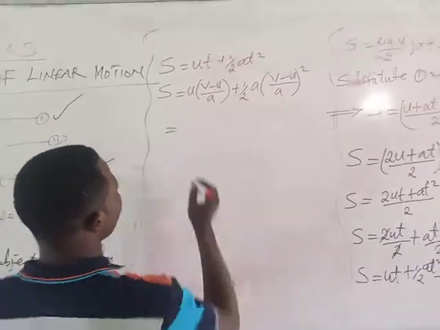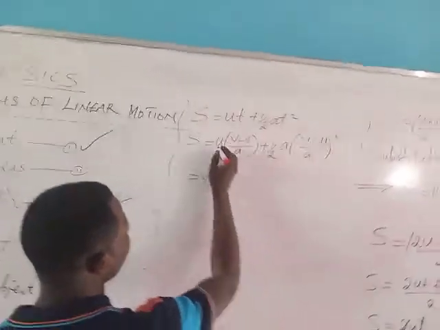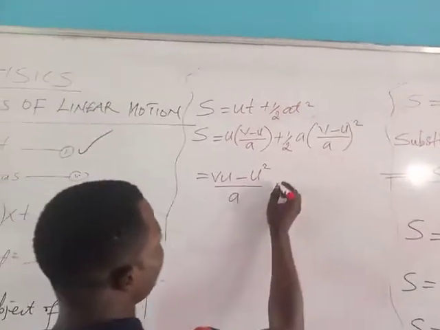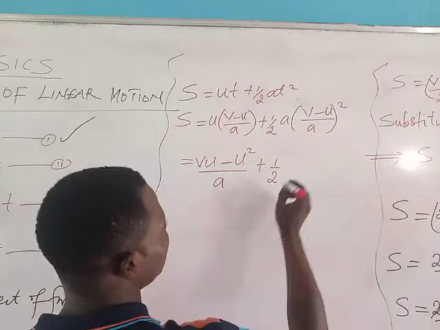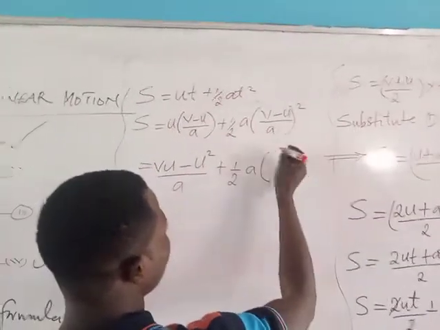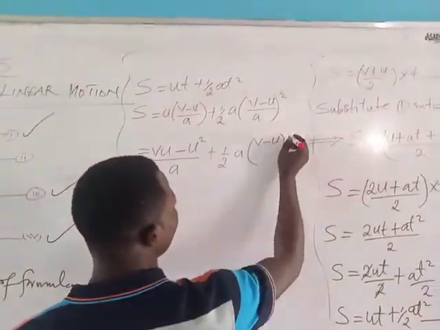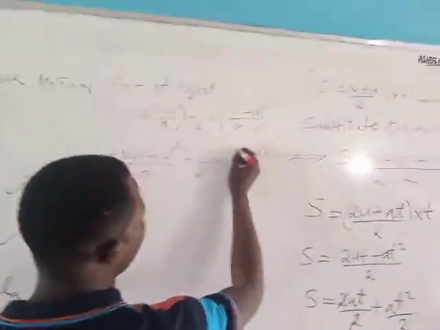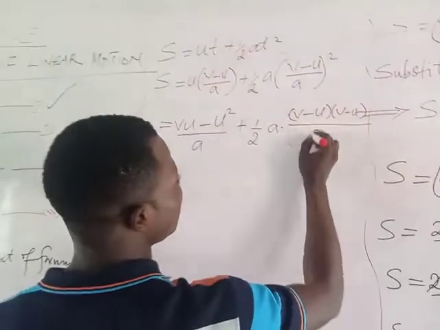So this time this will give me vu minus u squared all over a, plus 1 over 2 times a into, by the time we expand this twice, this means v minus u into v minus u all over a squared.